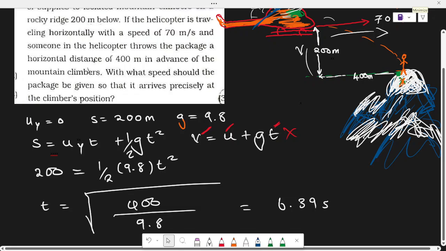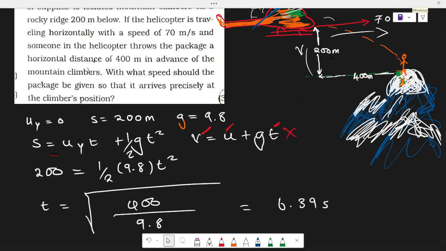Okay, now let's find the speed of the package relative to the ground. At what speed is this package moving?